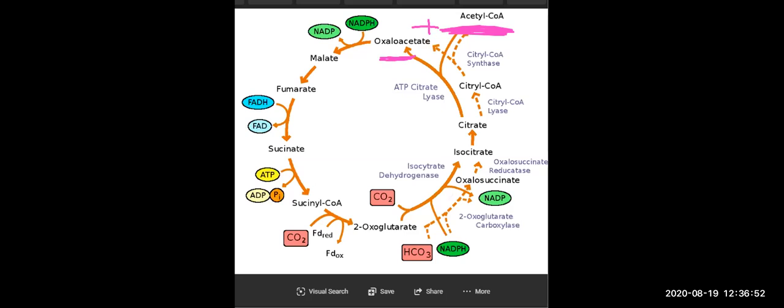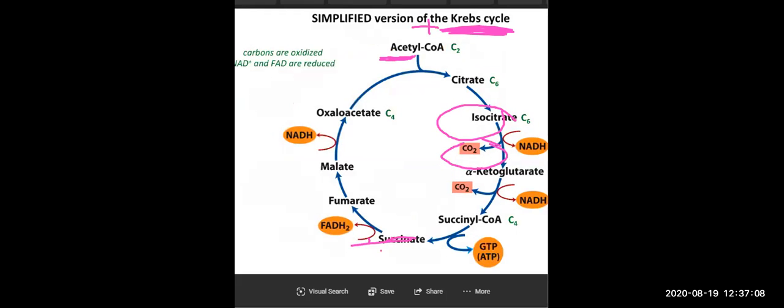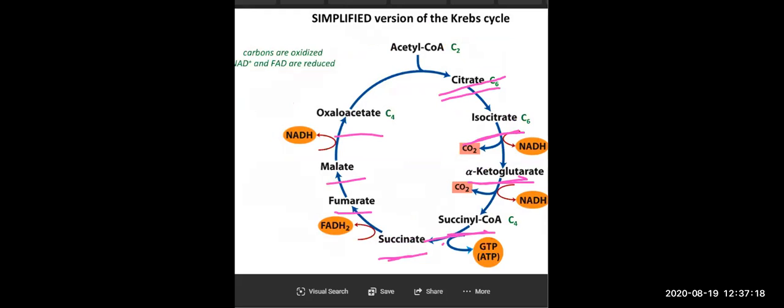Here we have citrate, isocitrate, alpha ketoglutarate, succinyl CoA, succinate, fumarate, malate, and oxaloacetate.